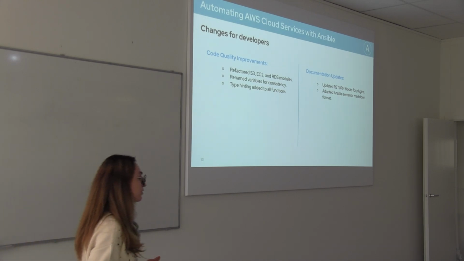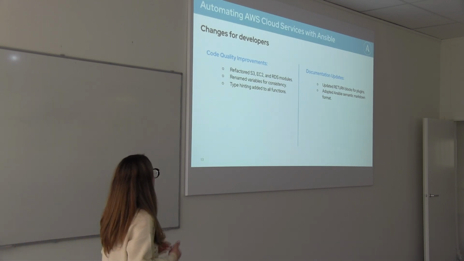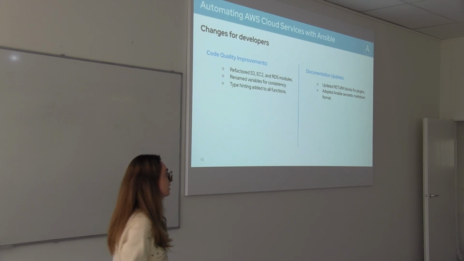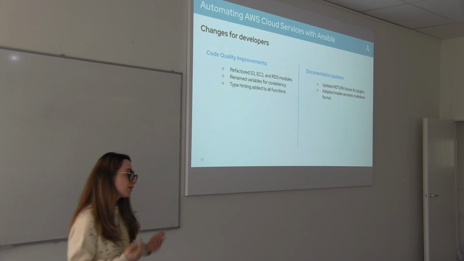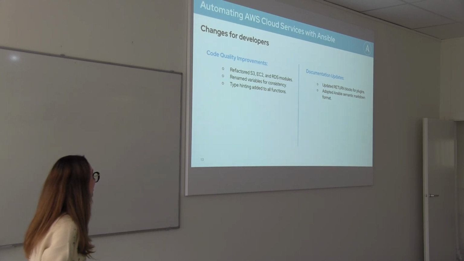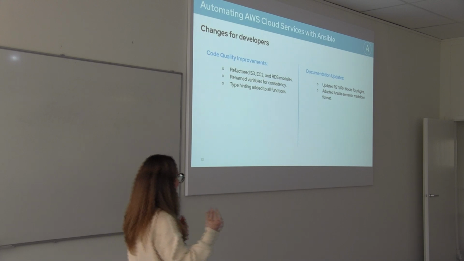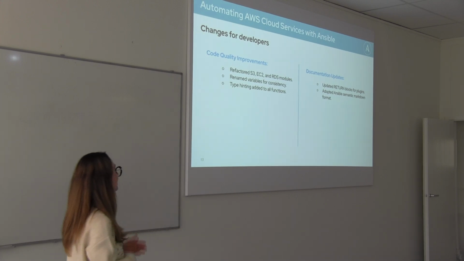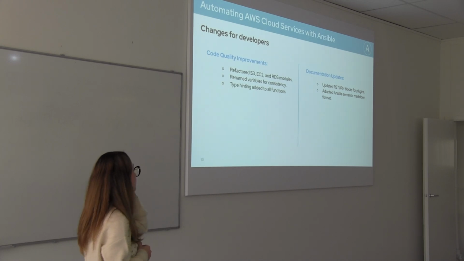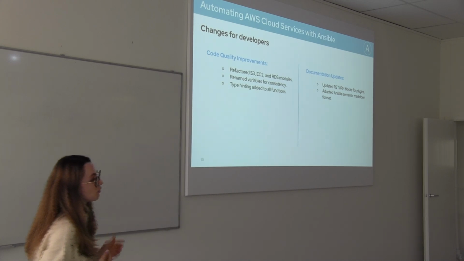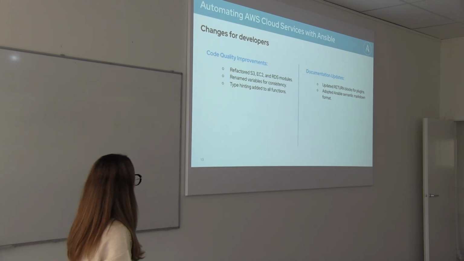During the refactoring process, we of course renamed some variables for consistency, and we are also using type hinting. We will also try to add type hints for the other modules, which will also undergo refactoring. Since this is an ongoing initiative, you will see more coming in the future.